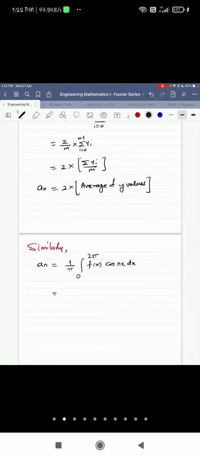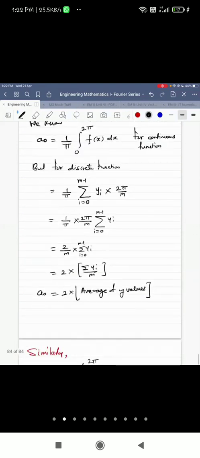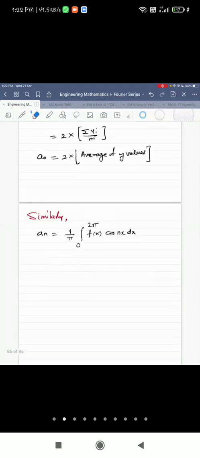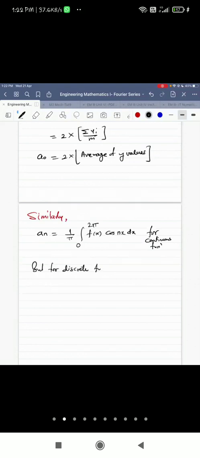So again, if I replace this formula by the numerical technique, what will it be for the discrete function? This is for a continuous function, but for discrete functions, an will be 1 upon pi.